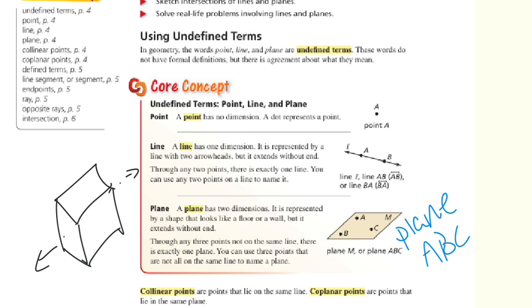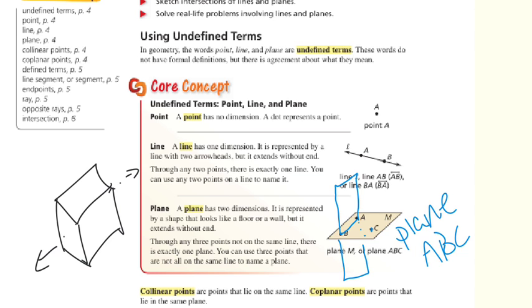Here's why we need 3 non-collinear points. If I just wanted to call it, say, plane AB, well, I could perhaps have another plane right here, a flat surface that also passes through AB. And I don't know which one I'm talking about. Is it the one I just drew here, or is it over here? So I need that third point C.